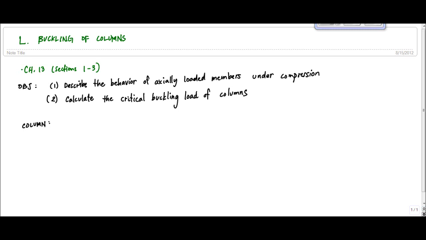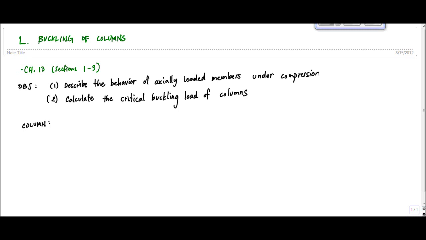So a column is defined by, when I look on the inside, I have axial compression. Doesn't matter if it's a member of a truss. It doesn't matter if it's vertical, horizontal, or sideways. Essentially, all my other internal loads are zero, except for my axial force, which is in compression.